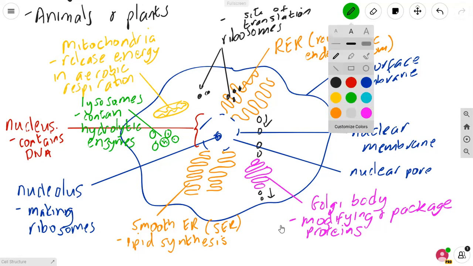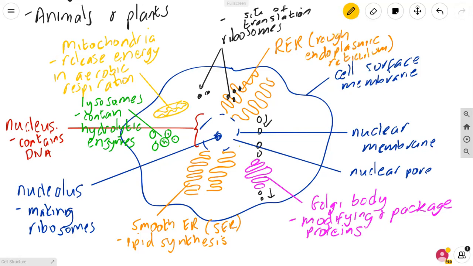And then you also have one final structure. I mean, there are others, but one final structure we're going to look at, which I'm very simply going to draw like that. You're not going to come across it for a while. It's called the centriole. And it's responsible for making the spindle in mitosis.